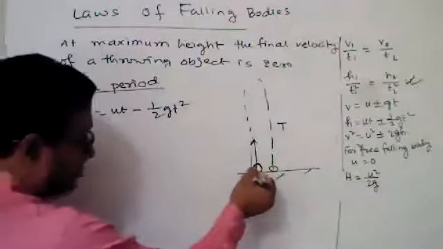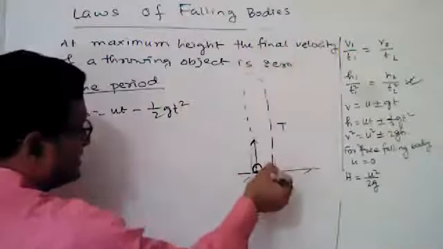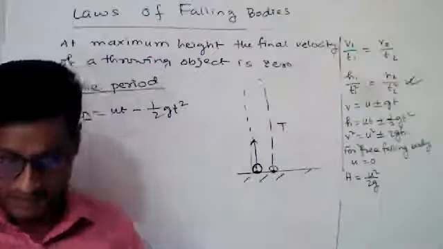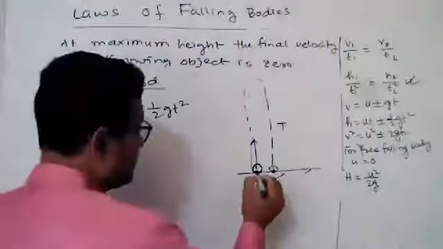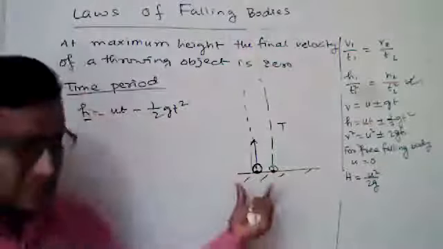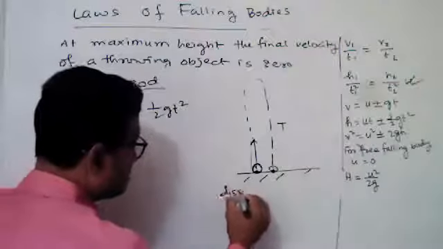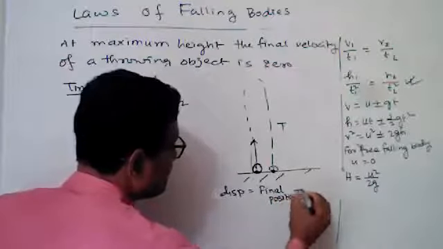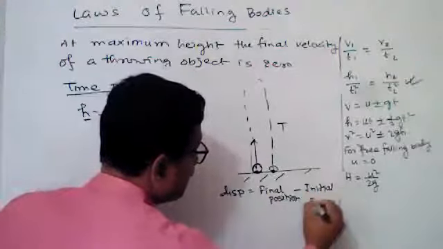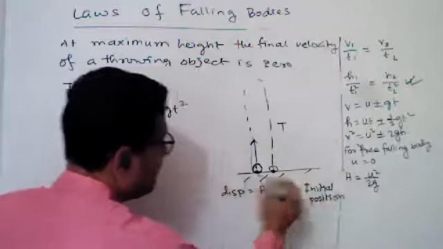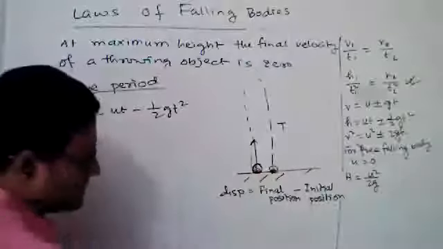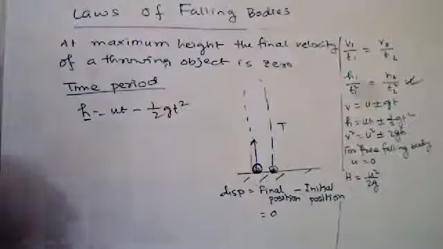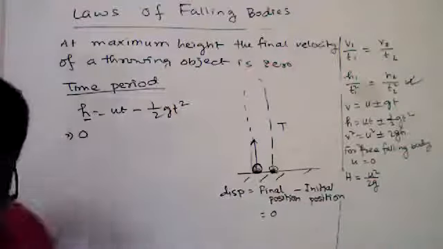So h equals to ut minus half of gt square. If an object is thrown vertically upward and it returns, here h is the vertical displacement. This is the initial position and this is the final position. We know displacement equals to final position minus initial position. Here the final position and initial position are the same, so the displacement is 0. For this case, h equals to 0.